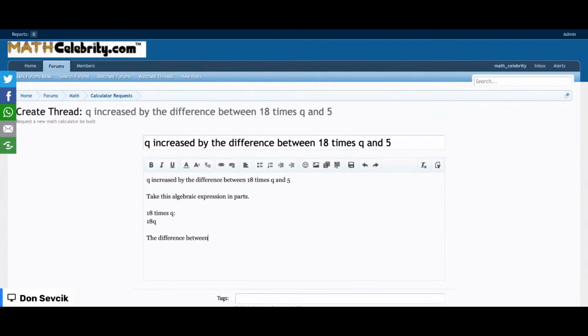Difference between: we subtract 5 from 18Q. 18Q minus 5. Q increased.